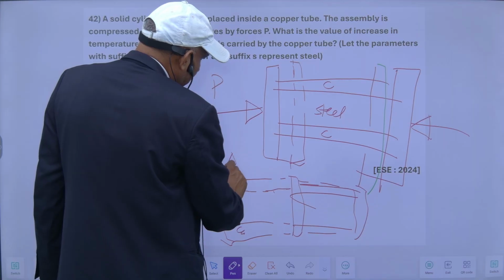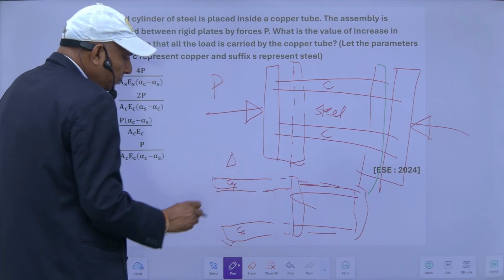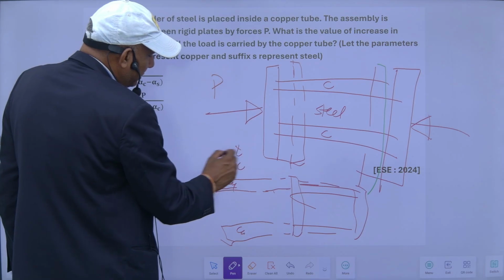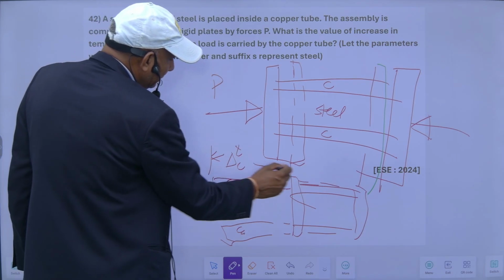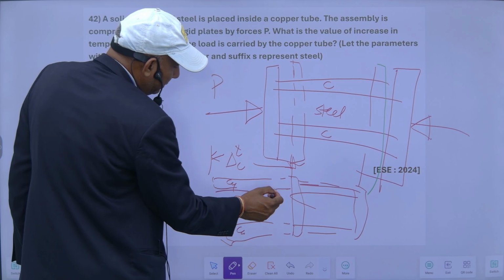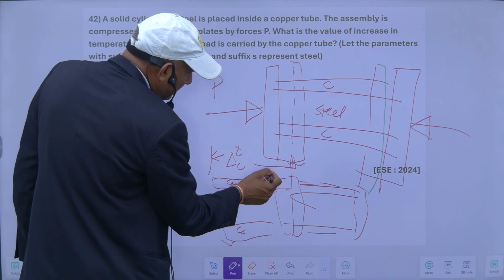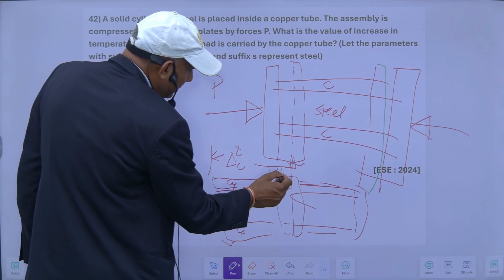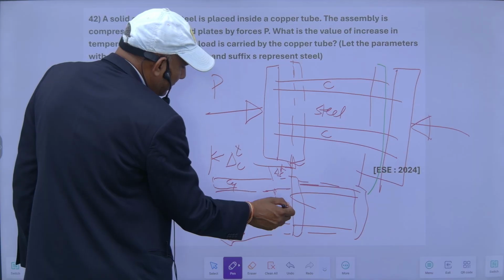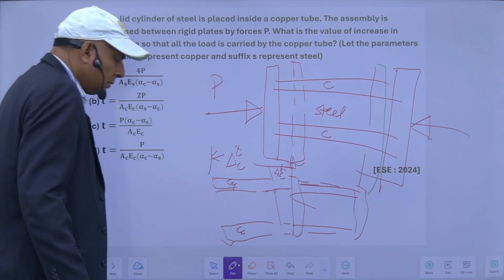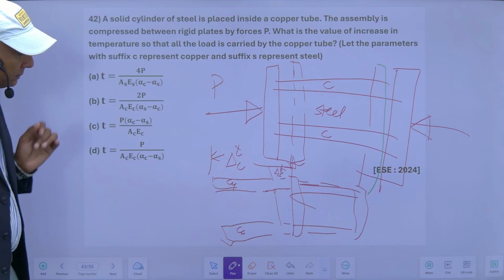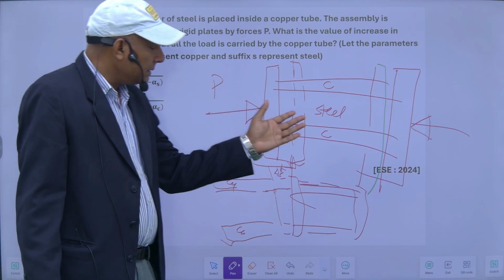This is elongation in copper due to temperature, and this is the elongation in steel due to temperature. This is steel. So what will happen? The direction is opposite.